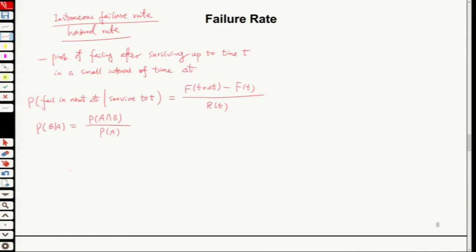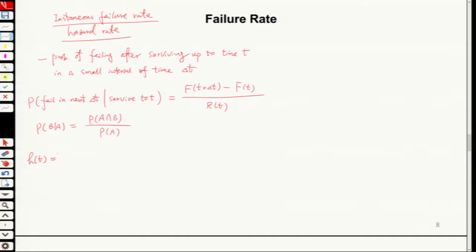So this is the probability it will fail, but it hasn't been divided by delta t yet. To get h(t), the hazard rate or failure rate, you divide this probability by delta t, and that becomes a speed. It's like you march 10 meters in 1 second. Then 10 meters divided by 1, that's your speed.